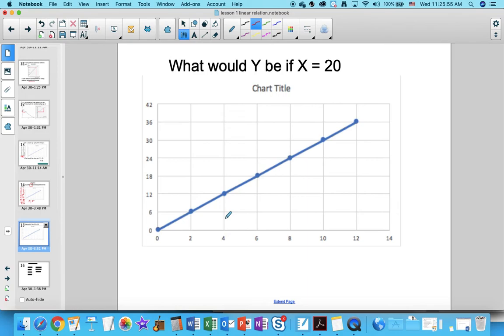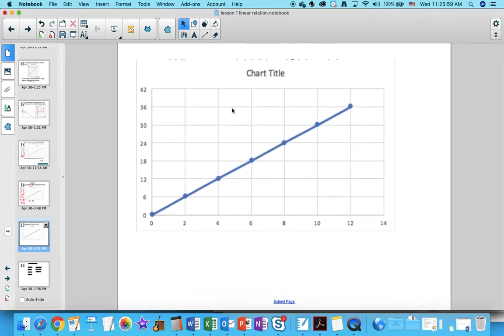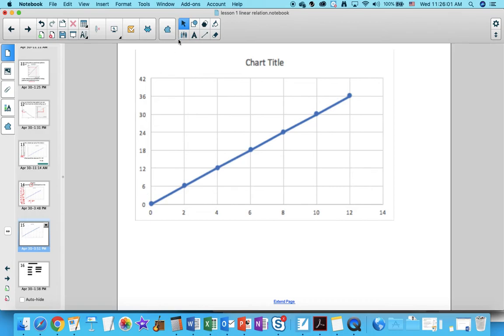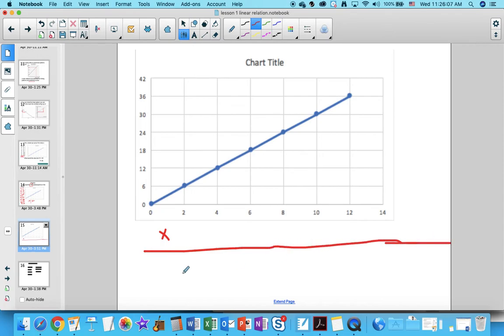All right, hopefully you paused it. I'm just going to move this chart up a little bit. X value of 20. I'm going to draw another bad chart. Don't copy me. My first x value where I have proper data is technically 0, but I'm going to skip that because it doesn't help us. I'm going to start at 2. At 2, I have 6.